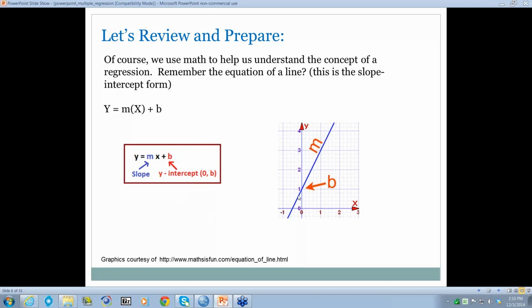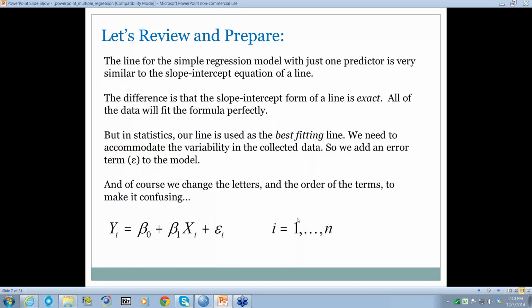You can't see the points in this graphic, but we're assuming every single point you ever want using a particular equation is going to be on this particular line. Okay, once you fill in those numbers for your x's and y's and your slope. So the difference is that the slope-intercept form is exact. But in statistics, our line is called the best fitting line.